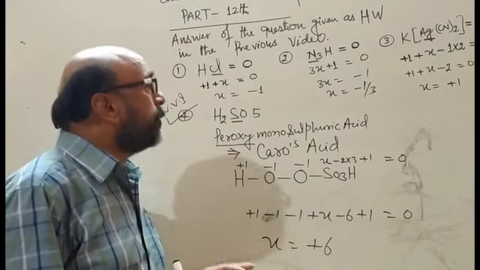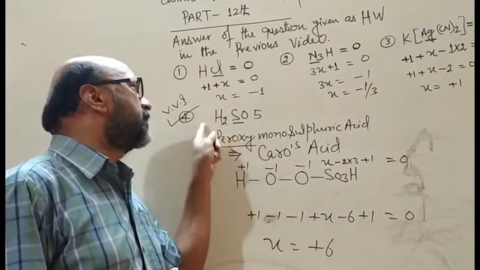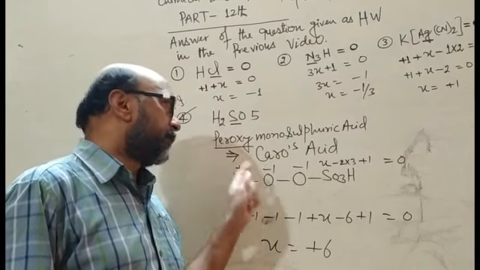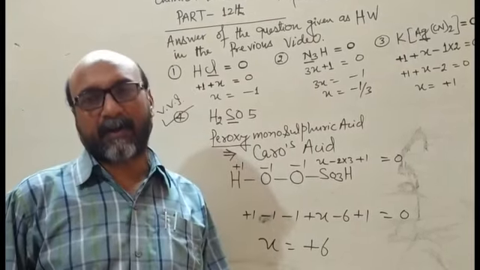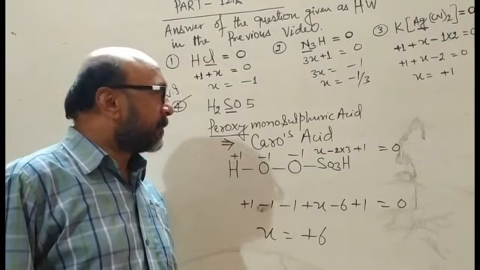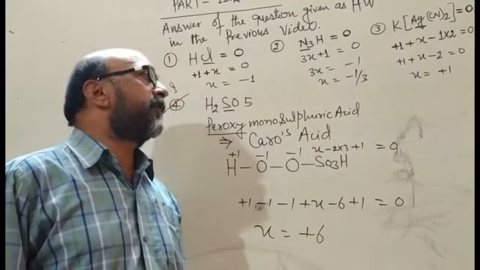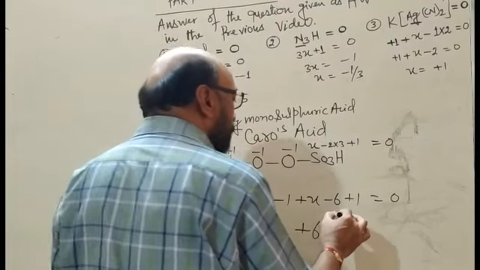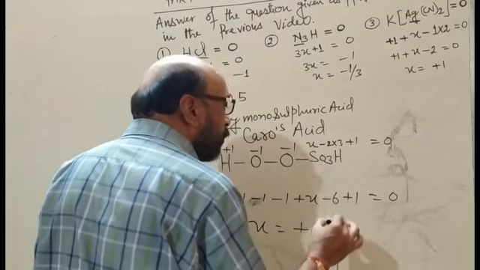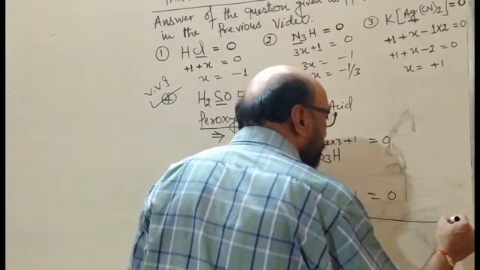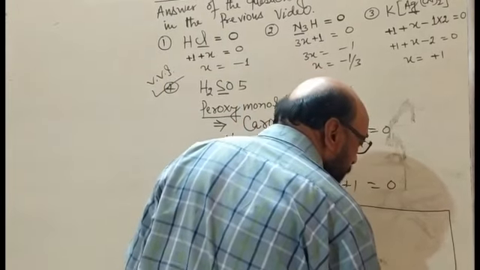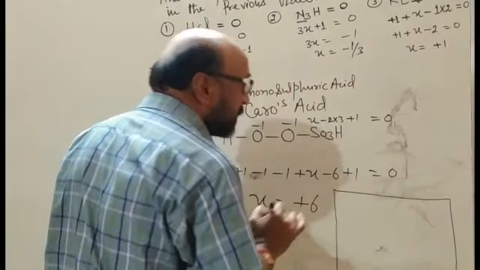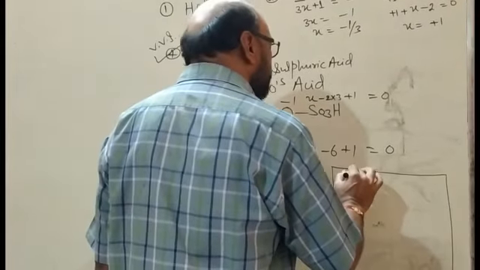Right. If you calculate the oxidation state of sulfur without knowing its structure, what will be the oxidation state of sulfur? Here I would like to make you understand, to check your mistake.